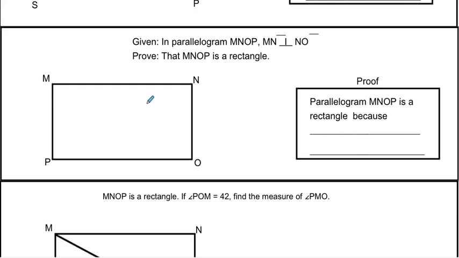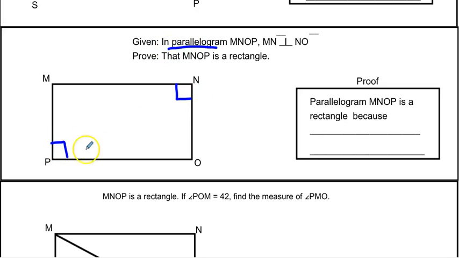If the diagonals are congruent, then I know that it's a rectangle because it has the properties of a rectangle. Let's look at another one. In parallelogram MNOP, we know that MN is perpendicular to NO. We want to prove that MNOP is a rectangle. Well, I'll show you this. If I know one of the angles is 90 degrees, since this is still a parallelogram, I know the opposite angle is 90.